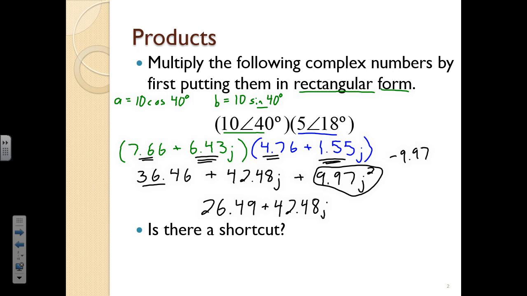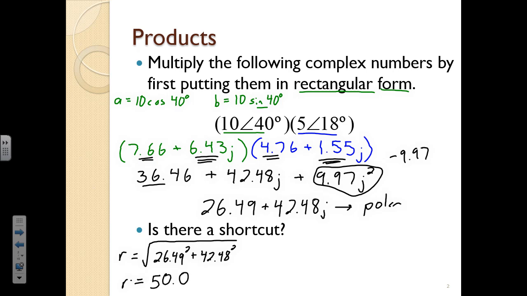Now let's turn that back into polar form. So the magnitude of this is going to be the square root of our real part, 26.49 squared, plus 42.48 squared. And if you compute that, you will find that r is pretty darn close to 50.